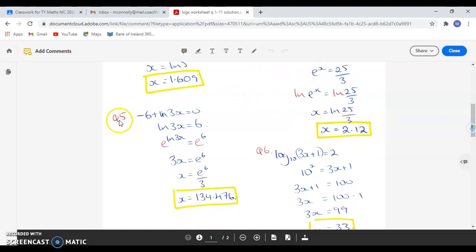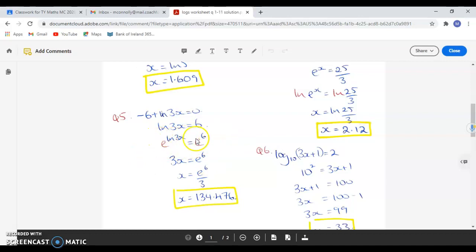On to question number 5. So the first thing I need to do is I want to isolate this as much as possible. So I move my minus 6 over, becomes a plus 6. Now I have the ln of 3x is equal to 6. So I introduce an exponential on both sides, the e number there. So I put e and raise these both so that they're powers.